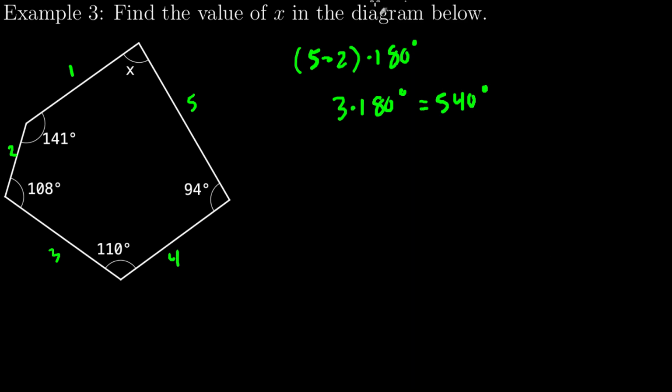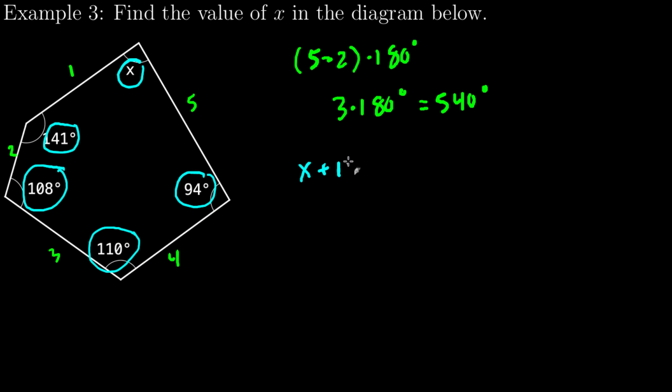And now that I know what everything adds up to, I'll switch over and start looking at our specific values. So now I'll add up these 5 angles and make them equal 540 degrees. So I get x plus 141 plus 108 plus 110 plus 94 equals 540.